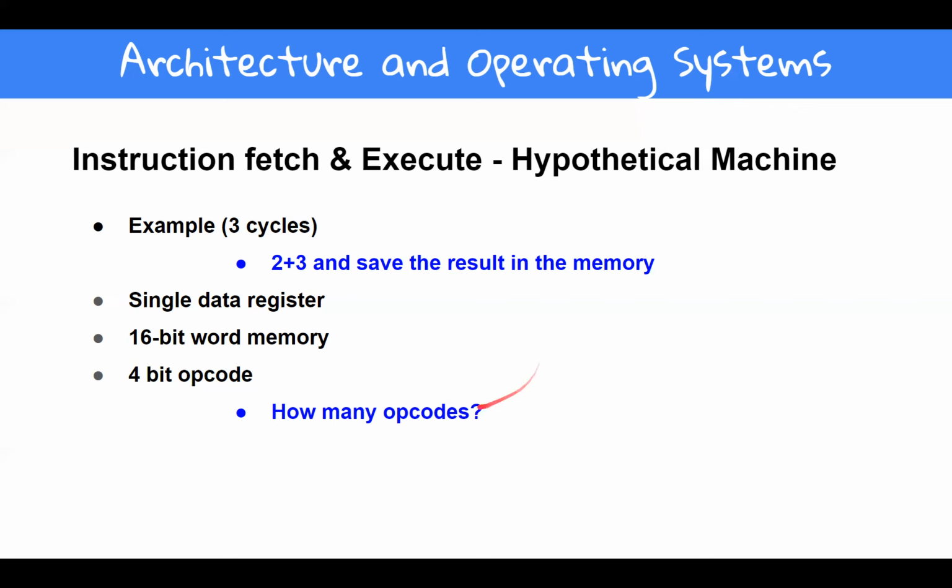So how many opcodes can we have? If you assign 4 bits to the opcode, 2 to the power 4, which is 16, is the number of operations that we can have in this hypothetical machine. We can load, store, add, subtract, and some others, up to 16, because we've got 4 bits for the opcode.